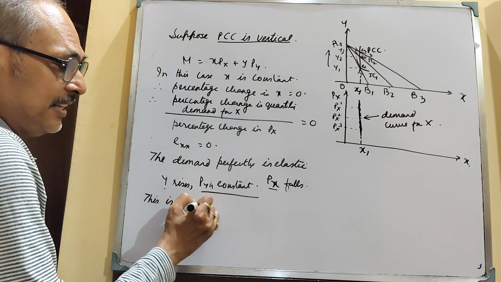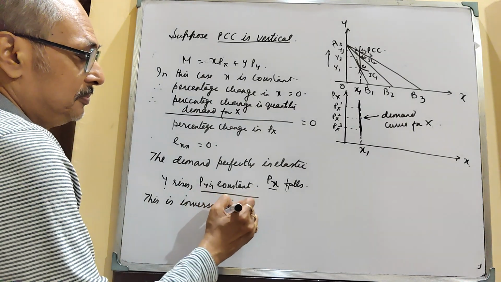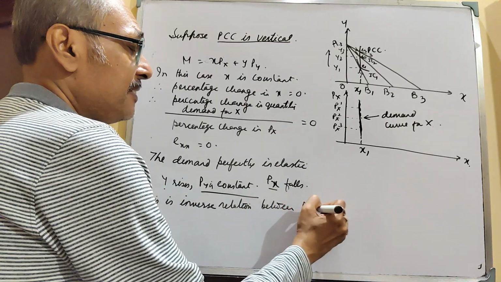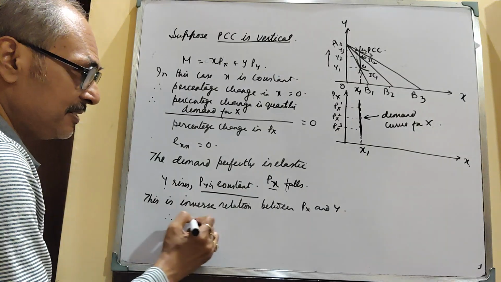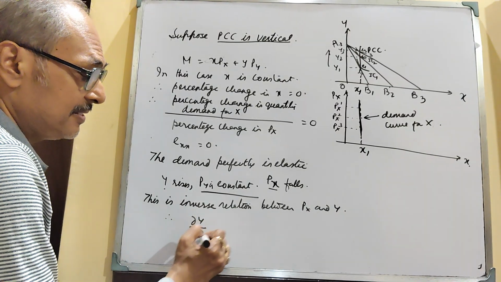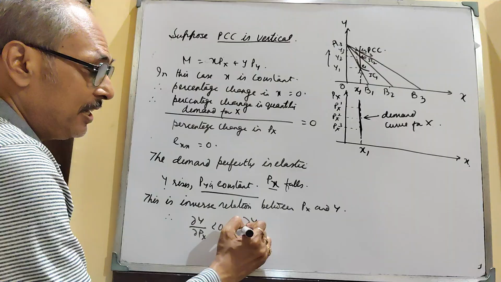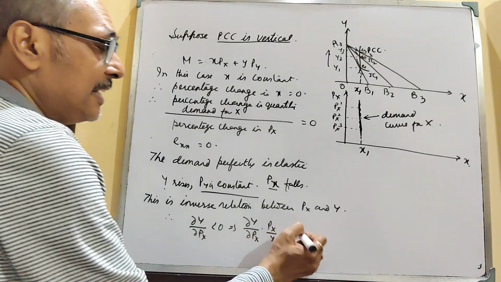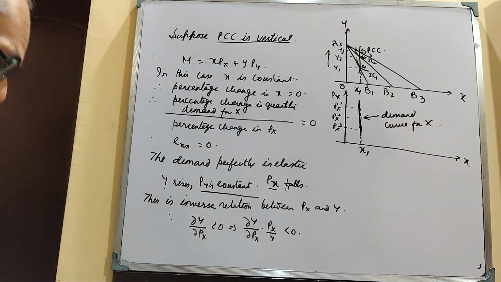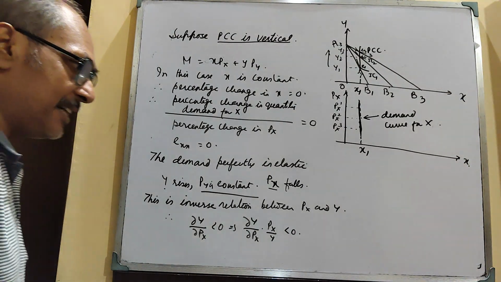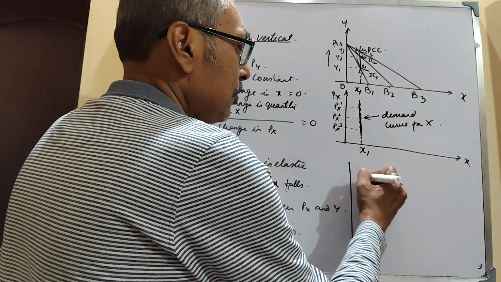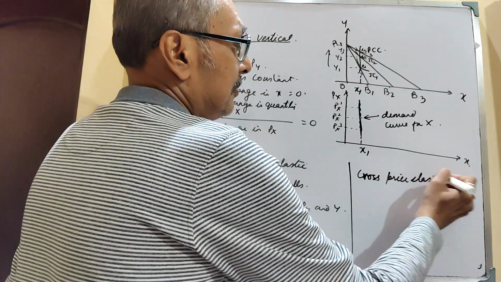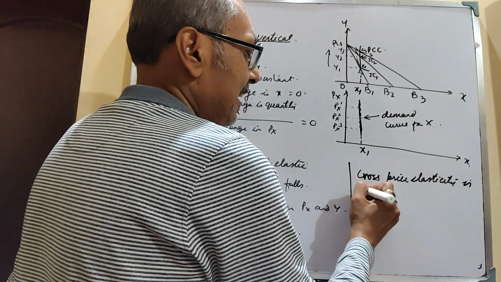There is inverse relation between Px and y. That means del y by del Px is negative. Therefore, del y by del Px into Px by y is less than 0. That is, the cross price elasticity is negative.